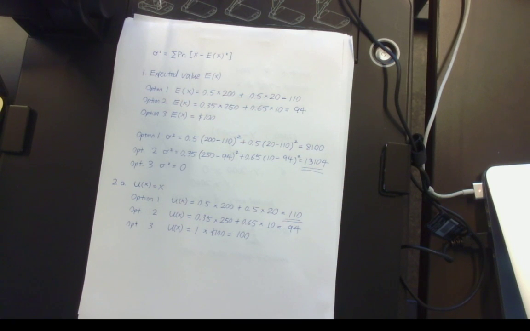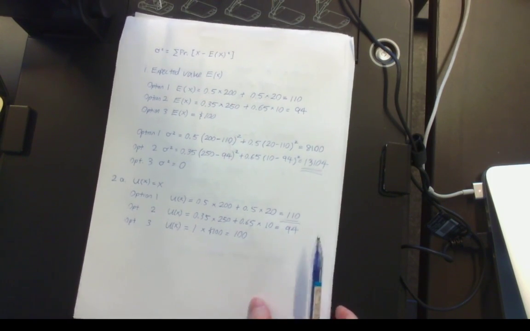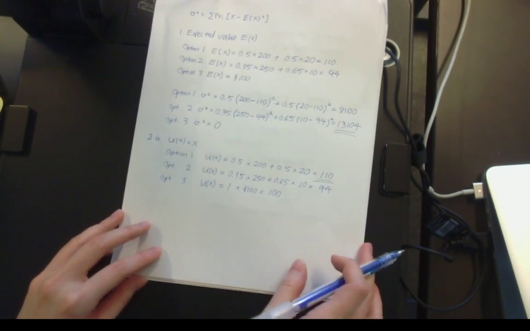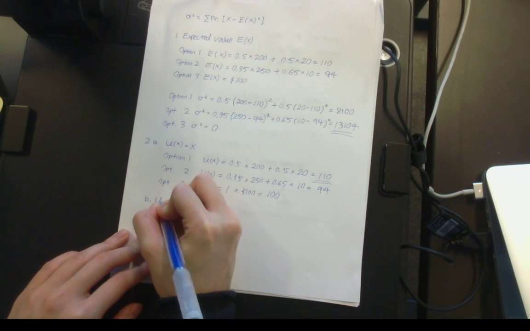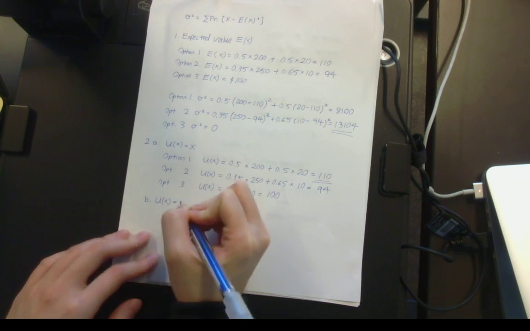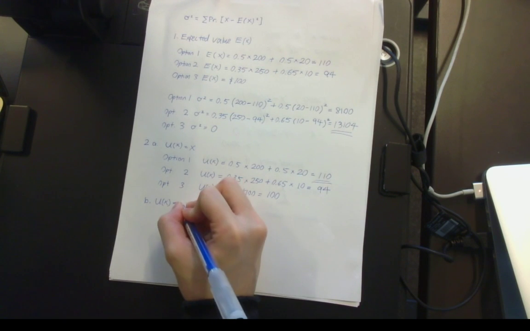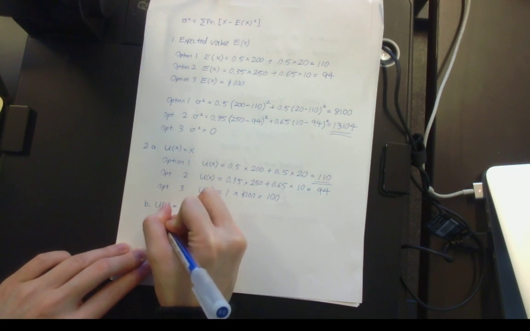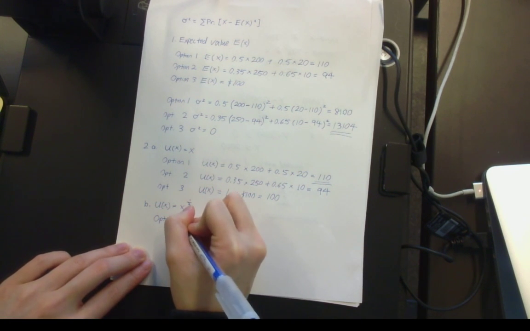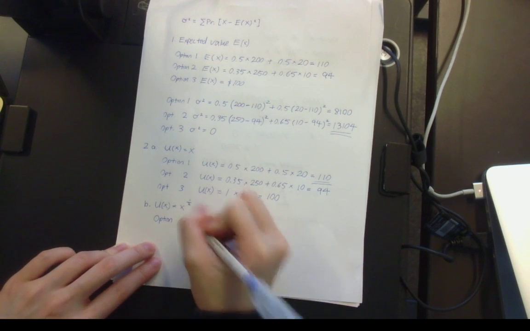So the next question is the same, except this time Calvin's risk averse. So you do the same thing. You plug the numbers into this function.